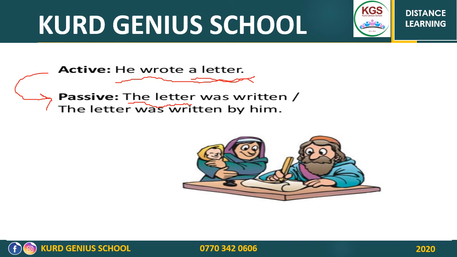The letter was, and we have to use the past participle of write, that's written. So the letter was written. Now we don't have to say who did the action, but if you want to, you could say the letter was written by him. You can add by and the subject to say who did the action. So that was all about the past simple passive.